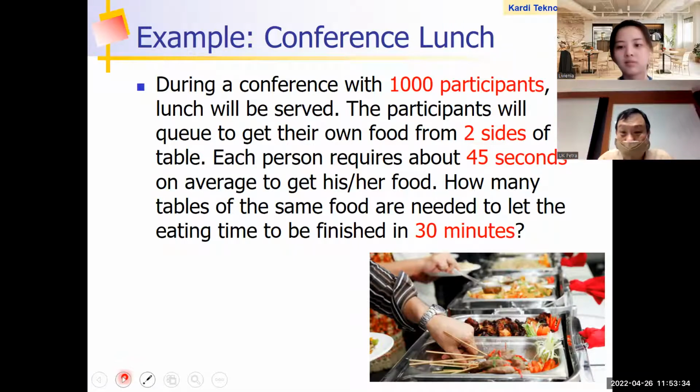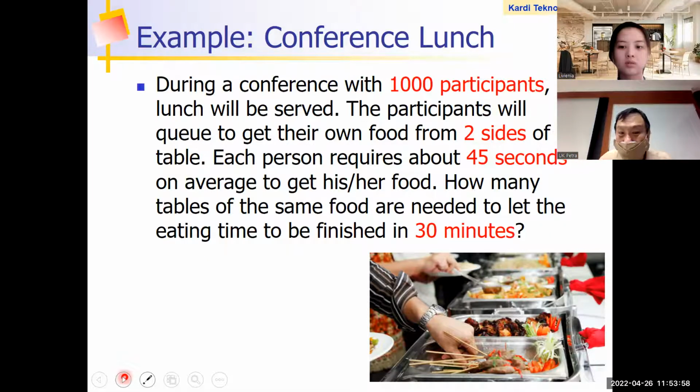And each person requires, I checked, about 45 seconds on average to get their own food. Okay, prasmanan. So the question is, how many tables of the same food are needed to let the eating time finish? Because the lunch time at the conference is only 30 minutes. Okay?